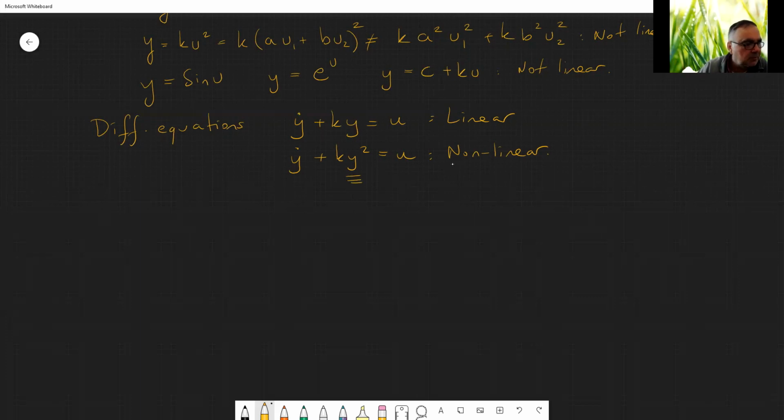Or, remember we had the pendulum equation, theta double dot plus g over L sine theta is equal to, what was it, 1 over m L squared times T of t. Because of this sine theta term, this pendulum is nonlinear.